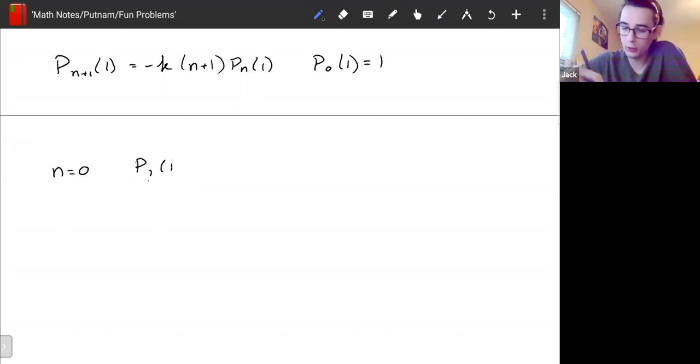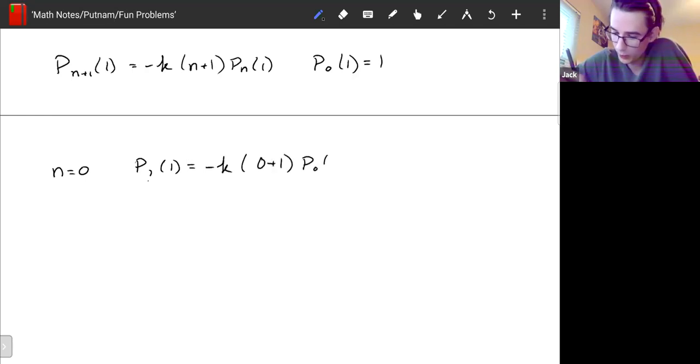So p sub 1 is going to be negative k times 0 plus 1 times p sub 0 of 1. And p sub 0 of 1 is just 1 up here. That was our initial condition. So we just get negative k, right? Because this right here is 1, this is 1, so we're left with negative k.